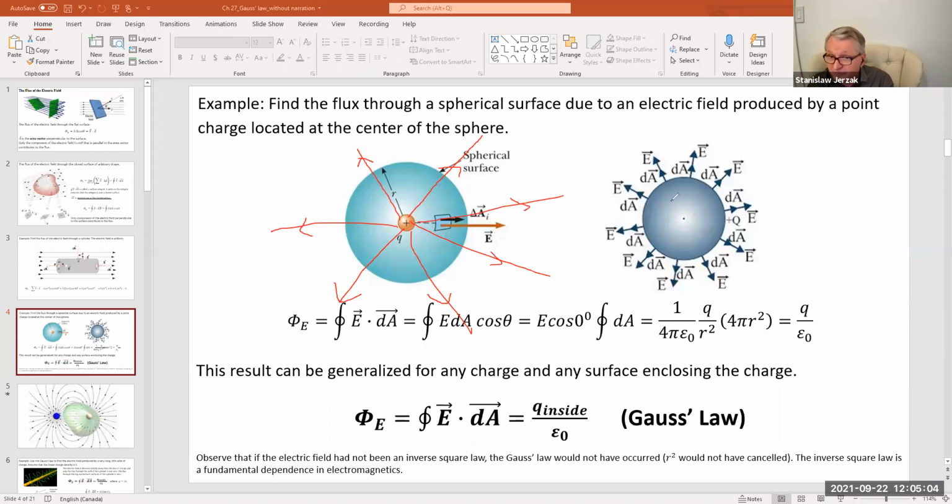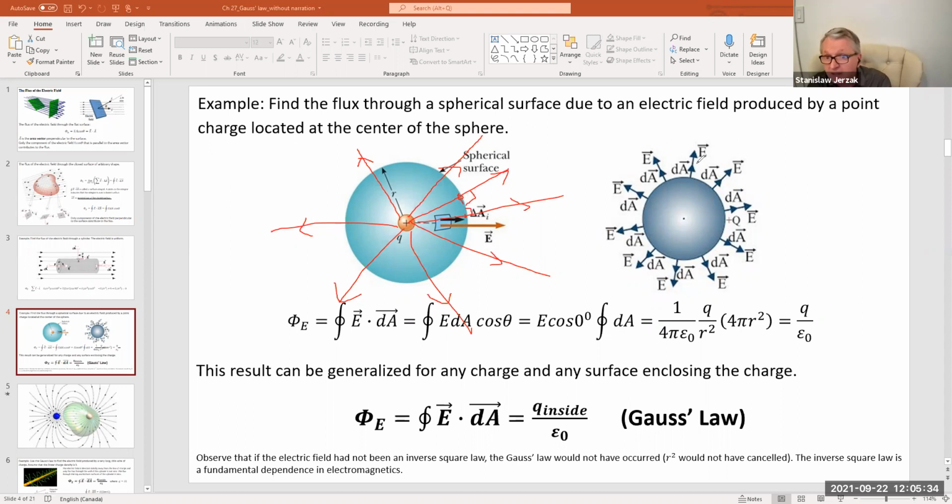So look, you should first observe that the electric field at any point of the surface is locally perpendicular to the surface, because that electric field is along the radial direction everywhere. So no matter what little area you take of the surface, at that point, electric field is perpendicular, 90 degrees to the surface.